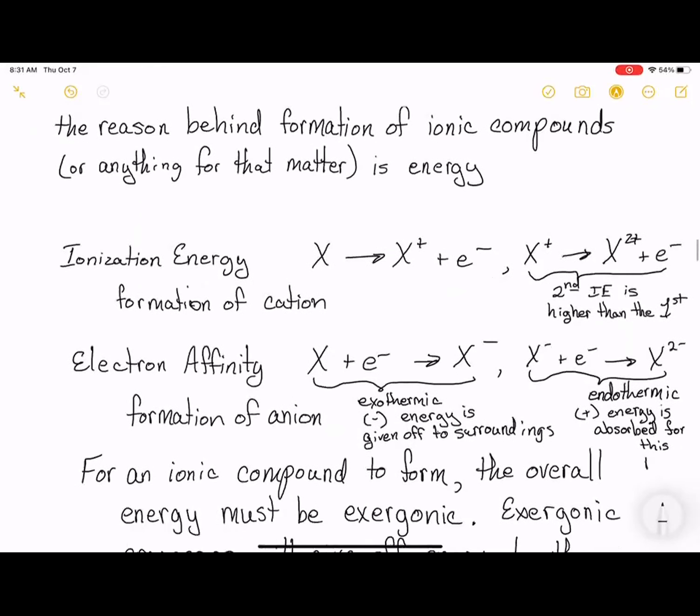So with electron affinity, the first process of making an anion with a -1 charge is a favorable process, but making a -2 is not a favorable process for most of the elements.